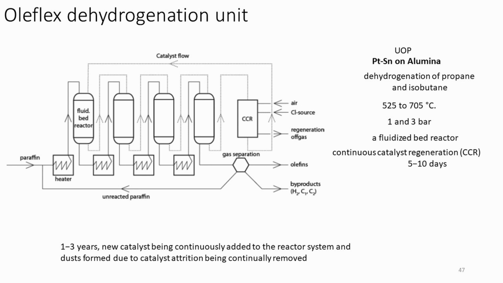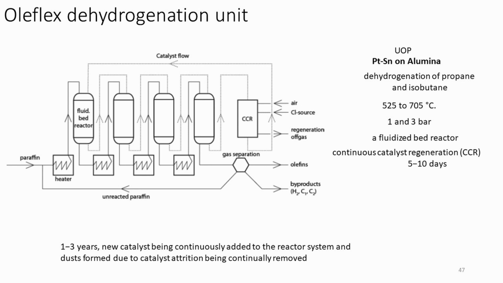As the catalyst flows through the system, the last reactor is connected to a continuous catalyst regeneration unit that regenerates the catalyst by burning off any carbon deposit and redispersing the platinum on the support material by treating the catalyst with a chlorine-air mixture. The entire system is designed to operate continuously.